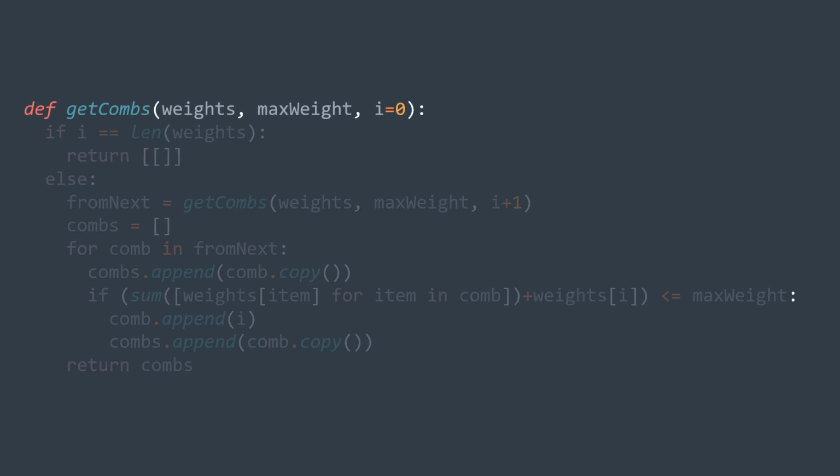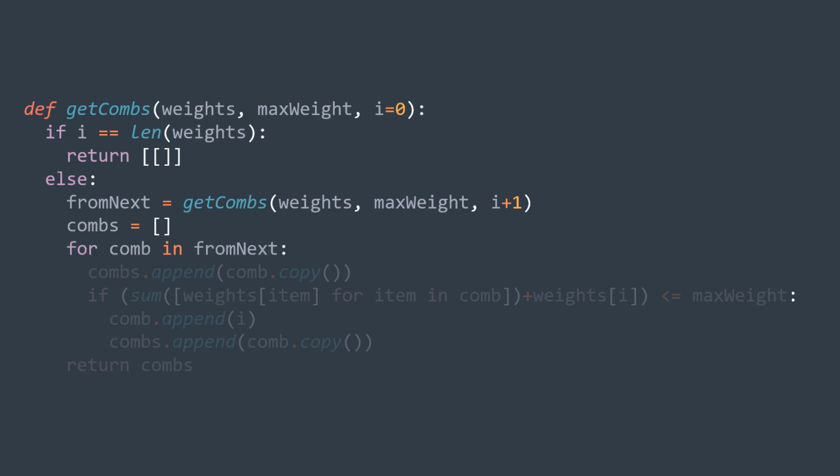In code, we have a base case where I is equal to weight's length, where we have no more remaining elements, so the only valid combination that we can make is the combination that has no elements, so we return an array that contains the empty combination. Else, in the recursive case, we get the valid combination starting from the next index, I plus 1. We create comps array, then for each comp in from next, we add it to comps because we already know that it's valid.